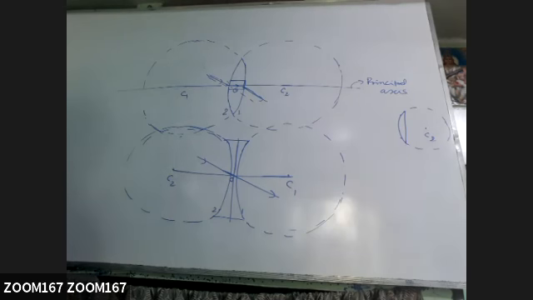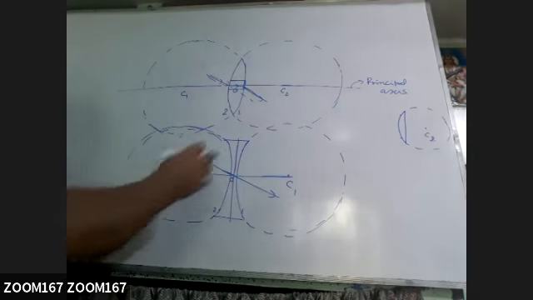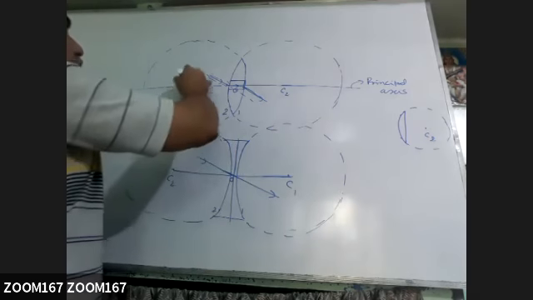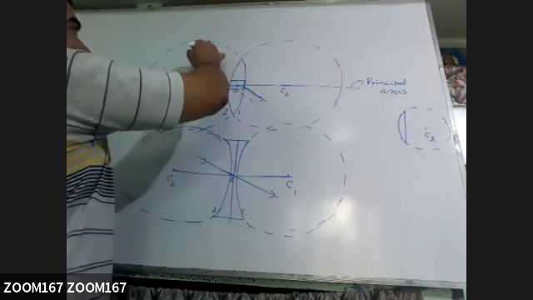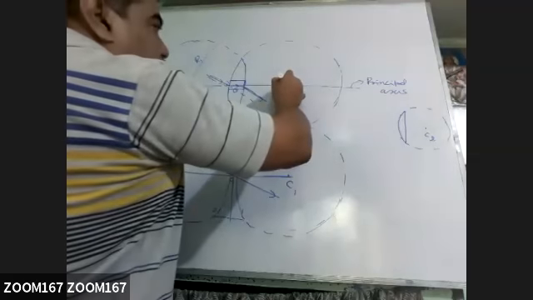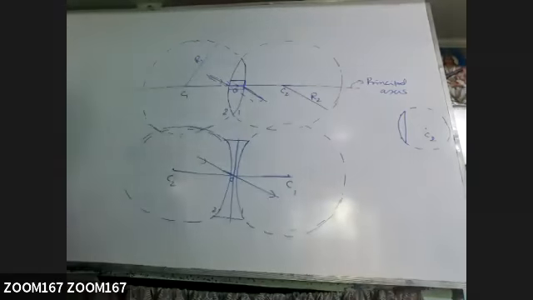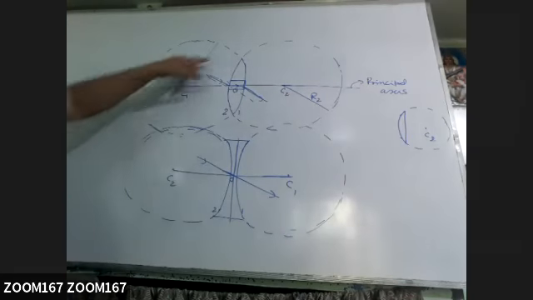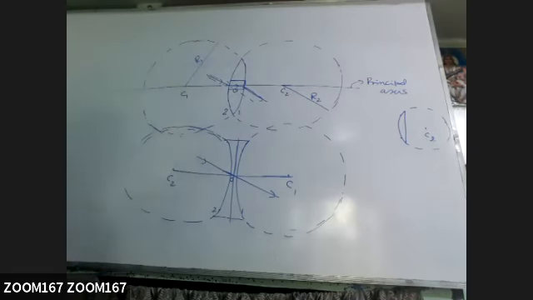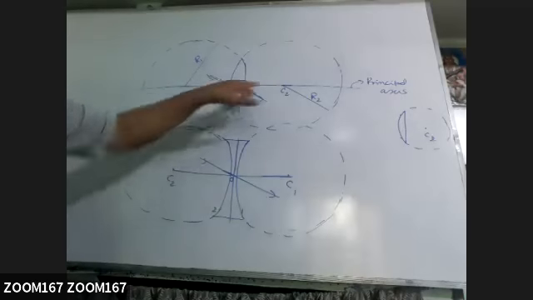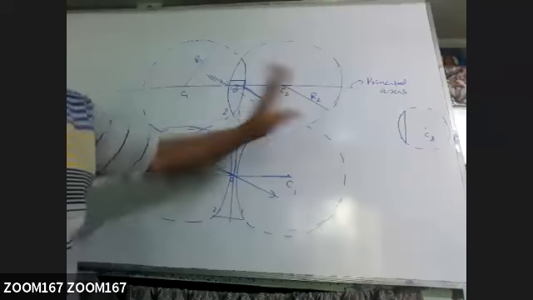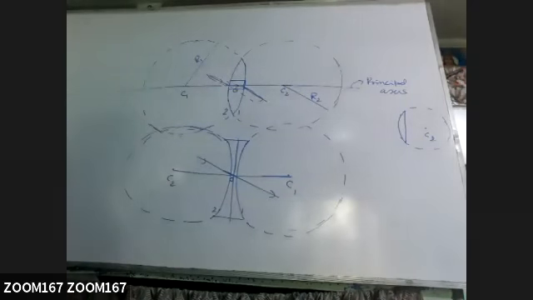So principal axis, center of curvature, radius of curvature will be what? The radius of the sphere of which this spherical surface is a part. Whatever the radius of this sphere, that is the radius of curvature of that surface.